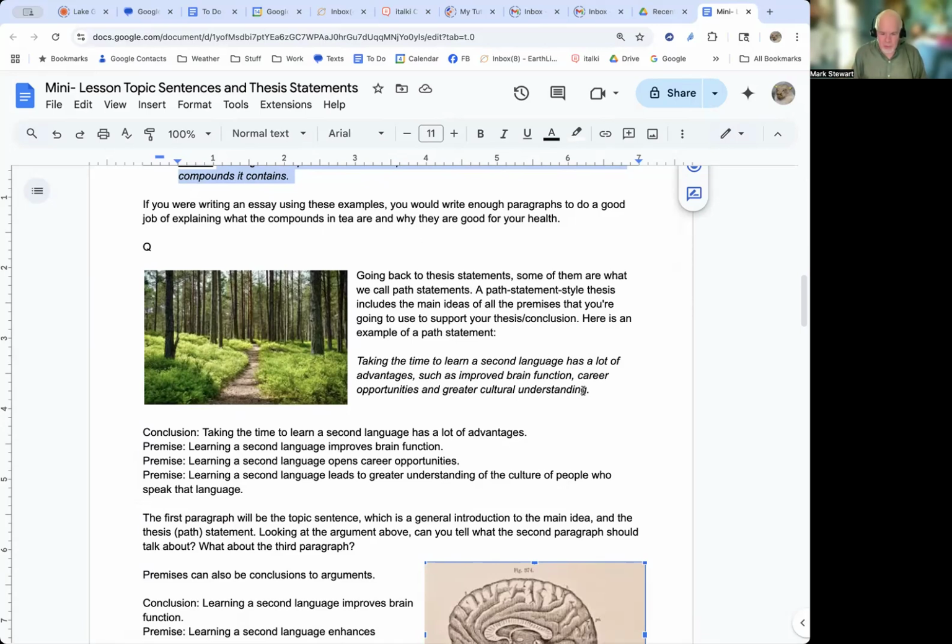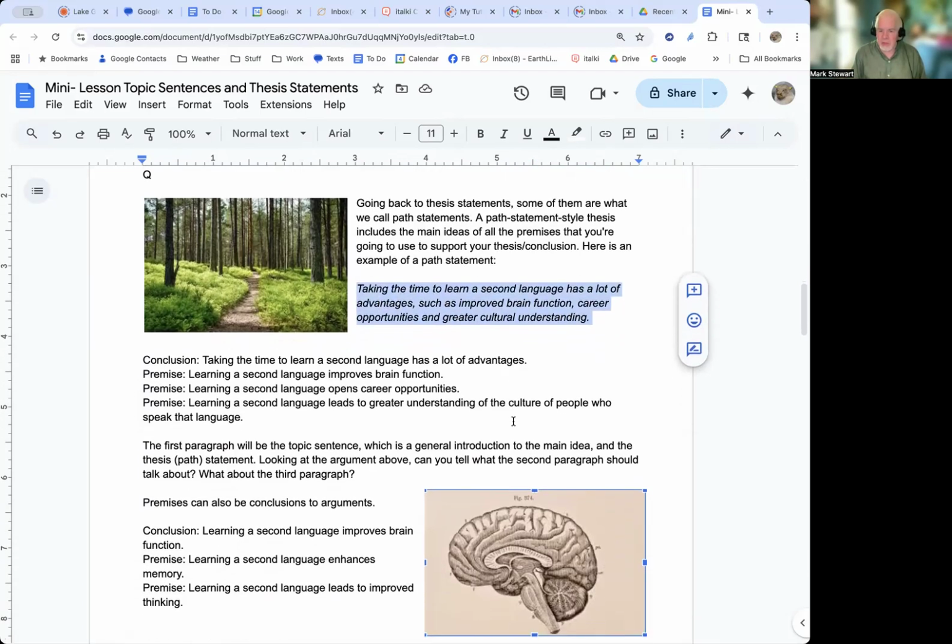So an example would be taking the time to learn a second language has a lot of advantages, such as improved brain function, career opportunities, and greater cultural understanding. In this case, instead of saying "because," I said "such as." And it's the same idea. Everything to the right of these two words, those are all premises.